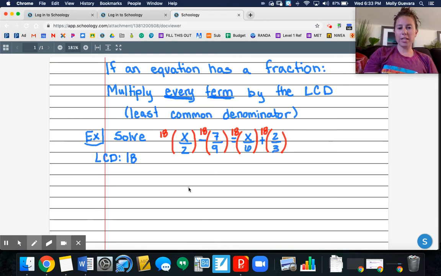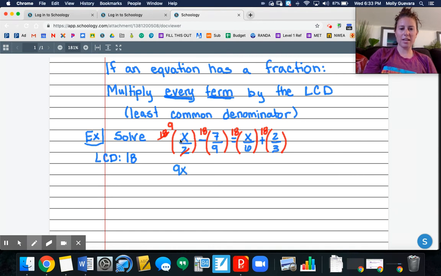And then something very special happens. This is going to be a lot of back and forth for colors for me, but that's okay. I have 18 on top and 2 on bottom. So if I divide those, right, 18 divided by 2 is 9. Then I get 9x, right?